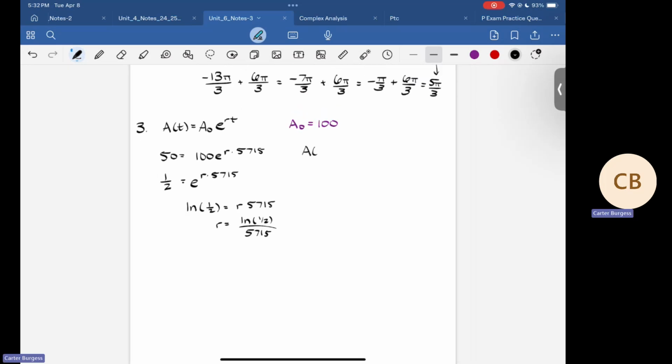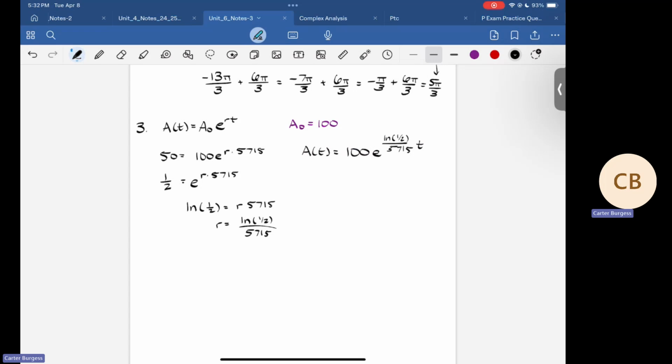So we can fill out our equation here. Let's say A of t is equal to 100, which I'm leaving to make my life easy. Again, it's nowhere in the problem. You pick a value and it doesn't matter what you pick, times e to the ln of 1/2 over 5715 times t.